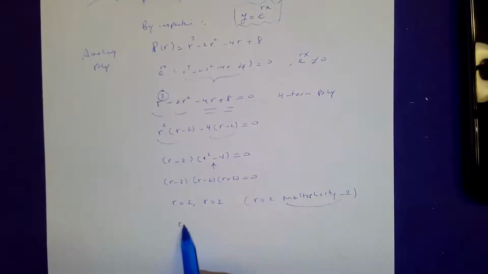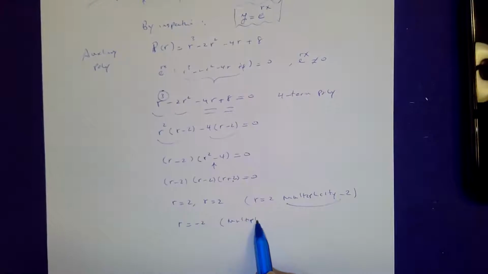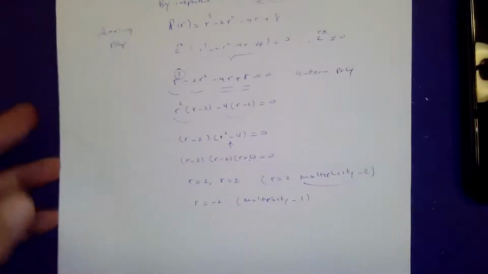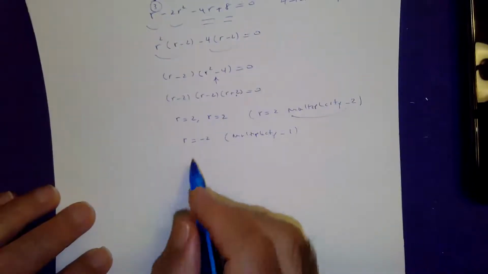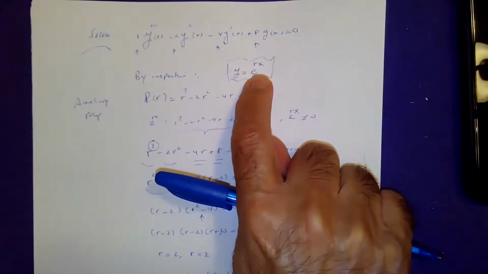On the other hand, r equals negative 2 with multiplicity 1, which means we only have one copy of this. Now the fundamental solutions. This one is easy: it's e to the negative 2x. Remember, the solution is supposed to look like e to the power of rx.